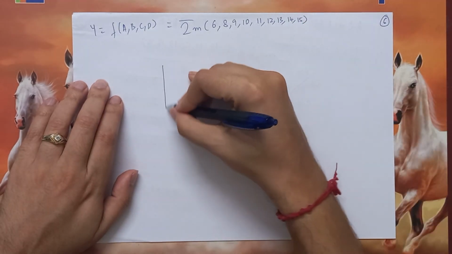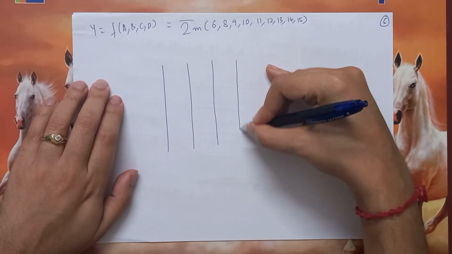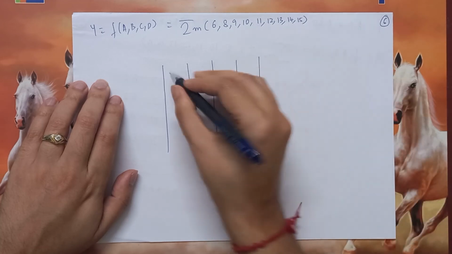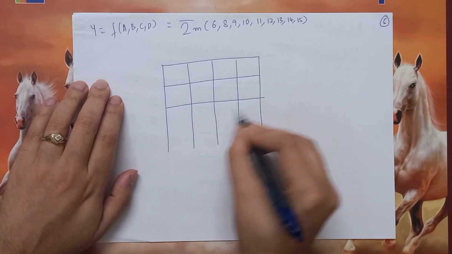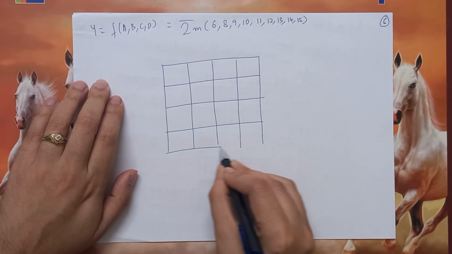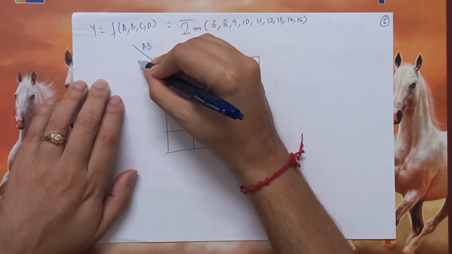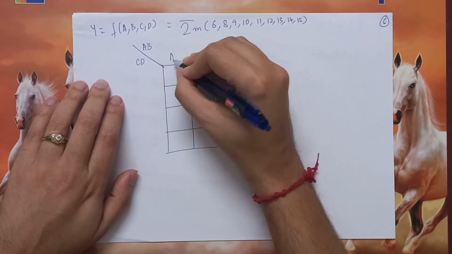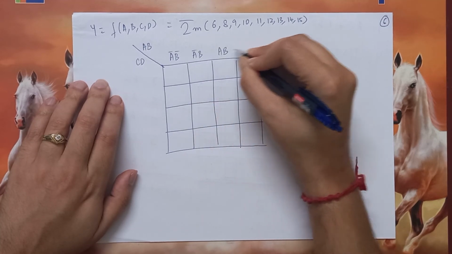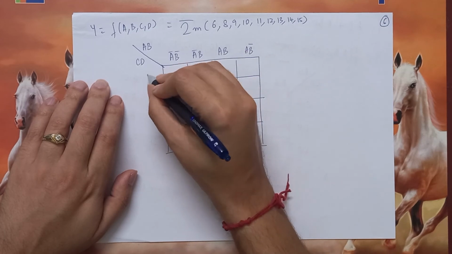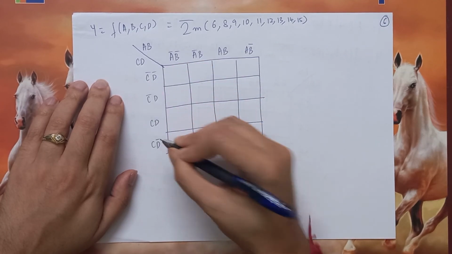In that case, the K-map would look like this, just like what we have been doing so far. So once again, A bar B bar, A bar B, A B and A B bar, C bar D bar, C bar D, C D and C D bar.